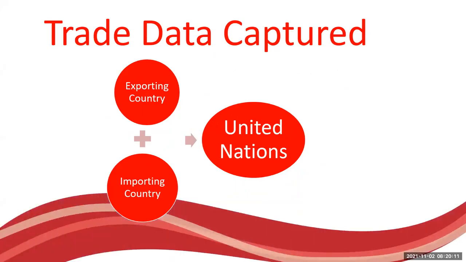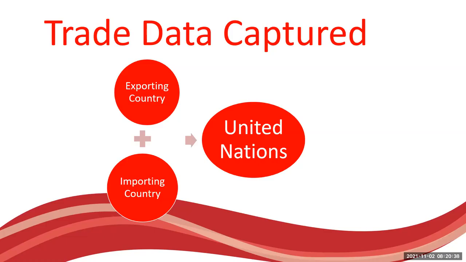Now there's multiple ways of capturing trade data. The most accurate is when the importing company or country clears customs on the import side. United Nations backs that data up with export data so that they can see that country A is exporting to country B and it cleared through customs.